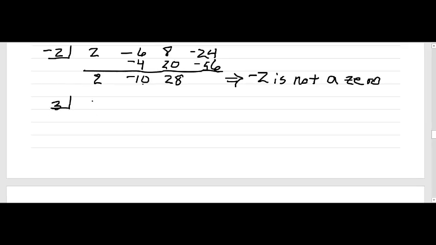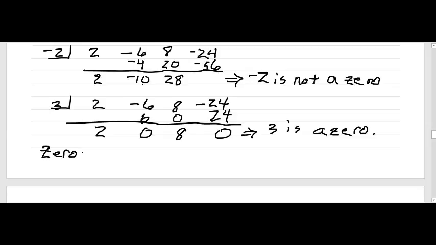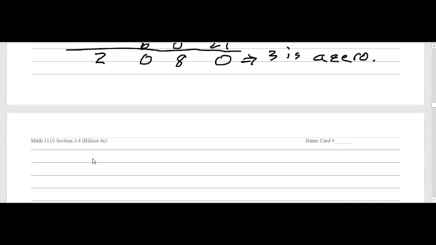And notice -2 is not a 0. We are not going to get a remainder of 0 there. I didn't even finish it because I know that's not going to be 0. And notice when I try 3, I do get a remainder of 0 when I go through the synthetic division process, so 3 is a 0. So the zeros so far are -1, 1, and 3.